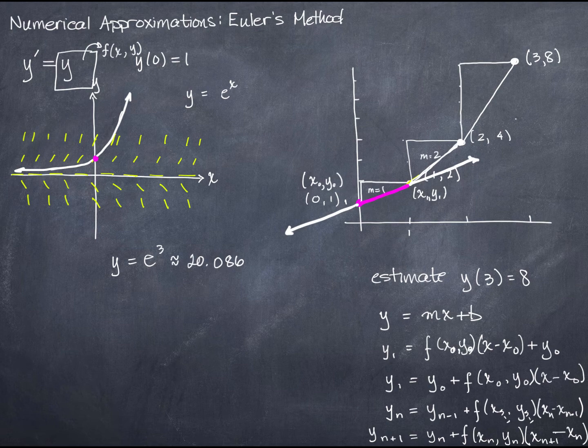So apart from the fact that they use a t instead of an x here, this is the form this formula is in your textbook, assuming that you're in my class and not just watching this for fun. That's the formula they give us, and that's where this formula comes from. It's just the equation of a line.